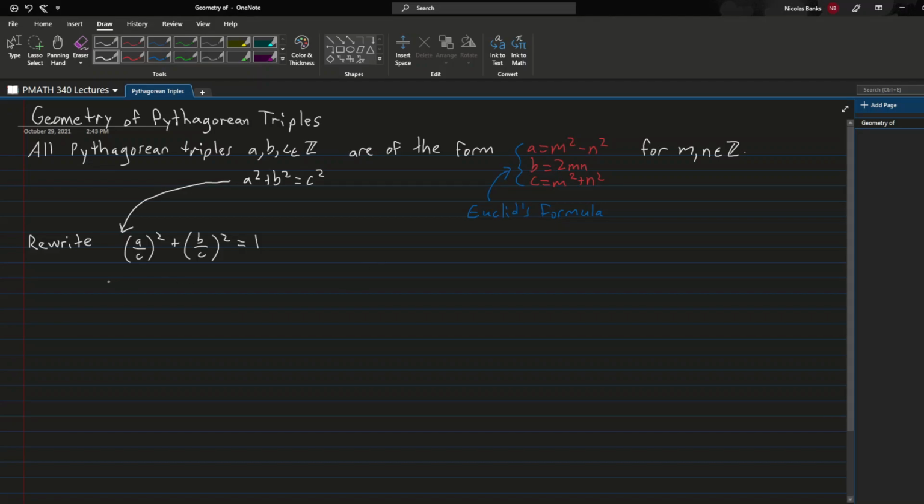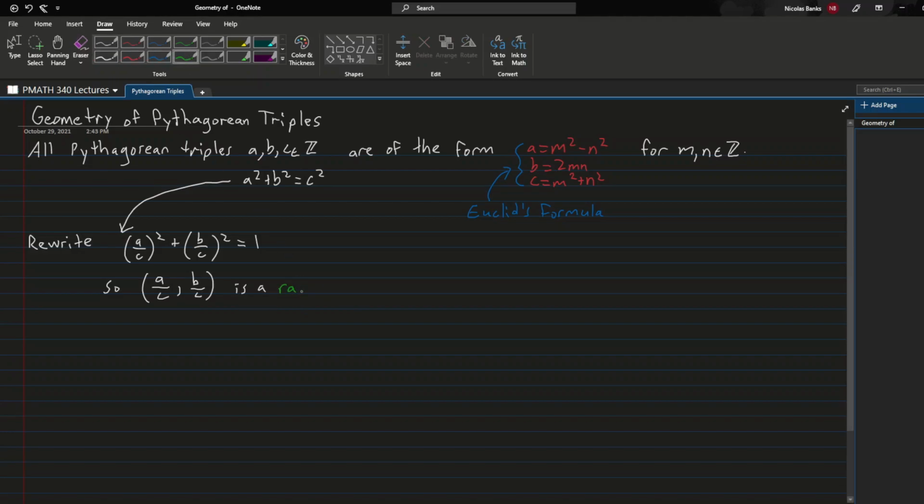So, in other words, if a, b, and c are a Pythagorean triple, then the pair a over c comma b over c is a point. In fact, it's even more important than that. It's a rational point.